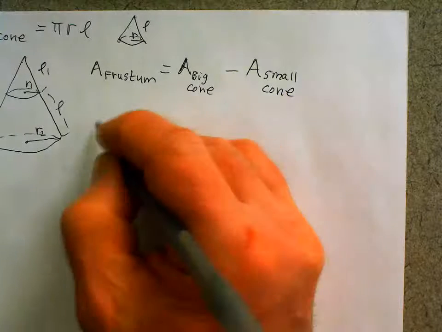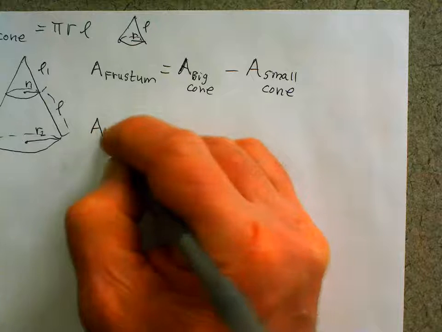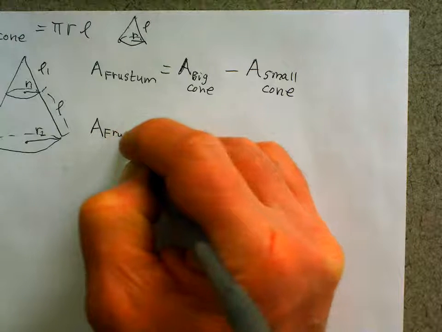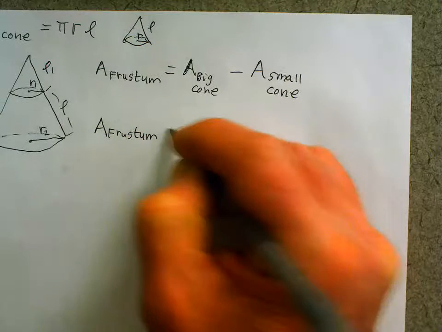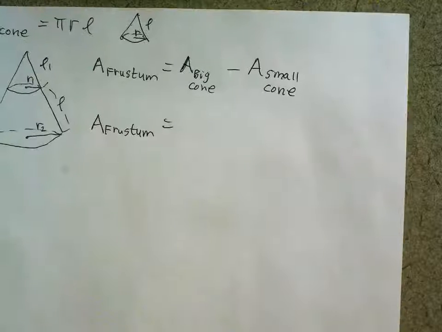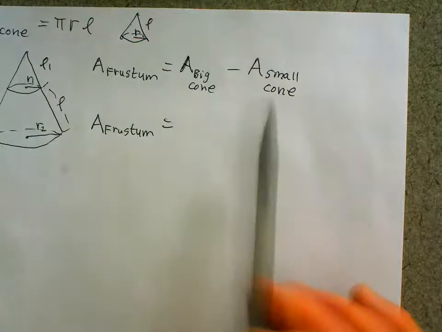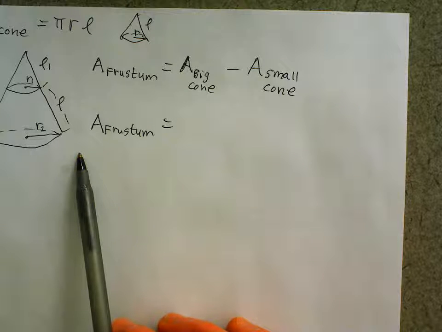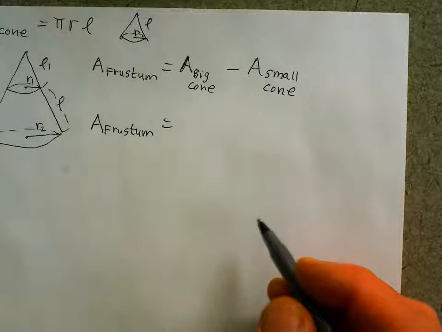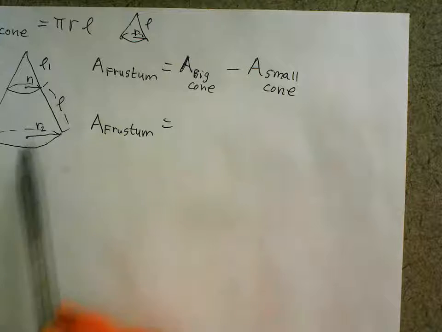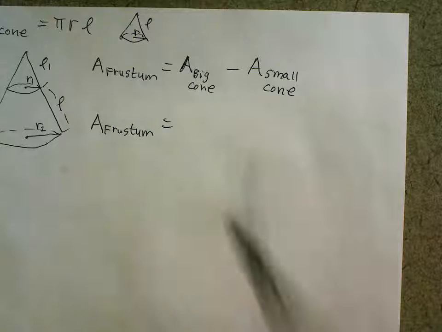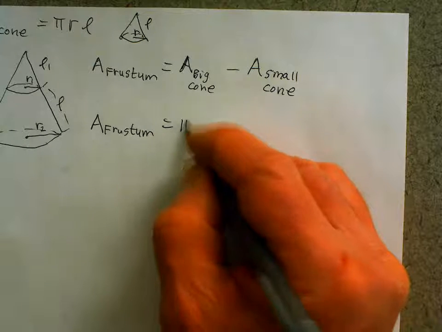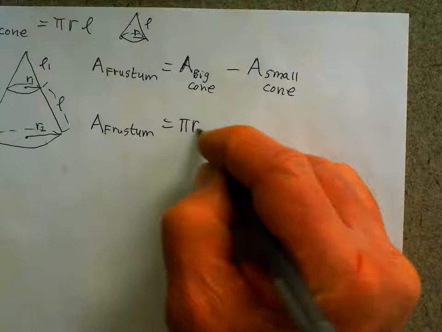Okay, so now we can write down the lateral surface area of the frustum. The lateral surface area of the big cone, well, for the big cone, we're using radius r sub 2, so it's pi times r sub 2.